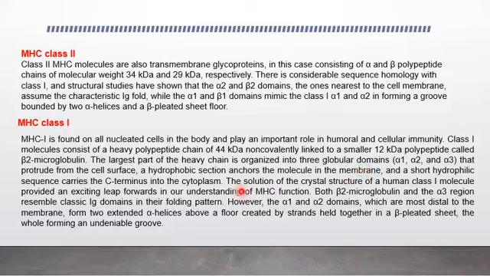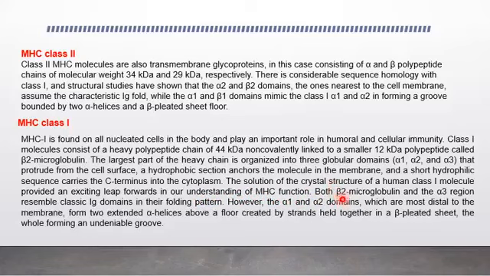Basically, the globular domains, alpha 1, alpha 2 and alpha 3, carry the sequences, and the C terminal goes into the cytoplasm. The solution of the crystal structures of the human class 1 molecules provided an exciting leap forward in our understanding of function.